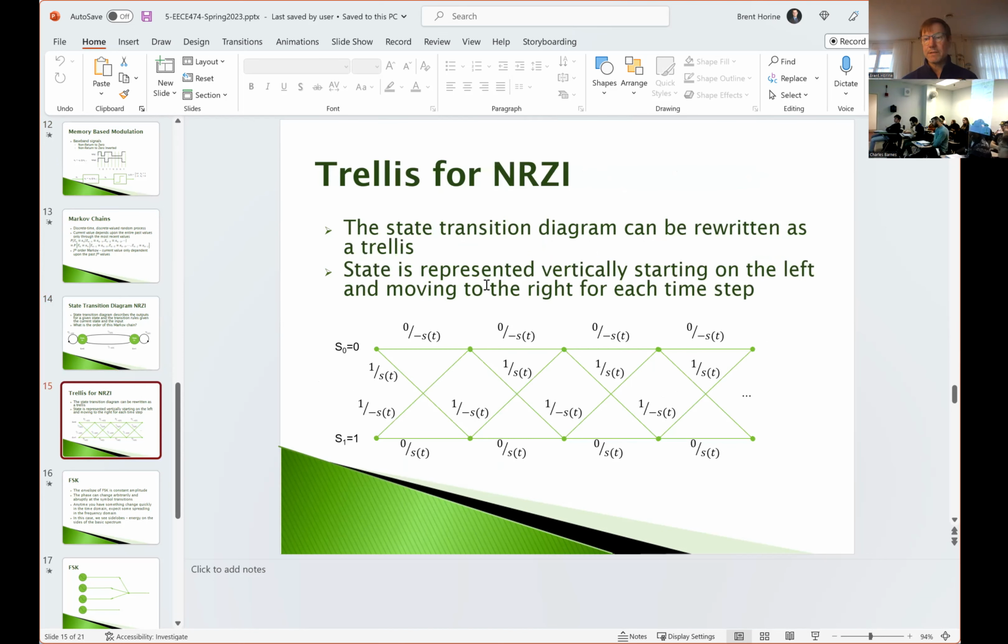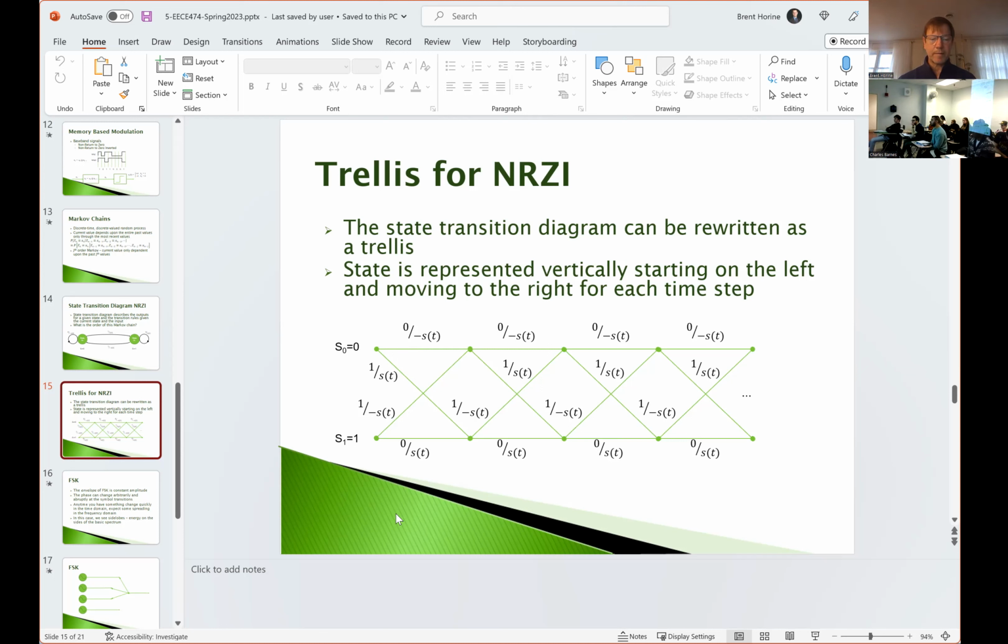The same type of information can be encoded in a trellis, and here the trellis gives you a state that is organized vertically. So if you would have 3 states or 4 states, you would end up moving farther vertically.